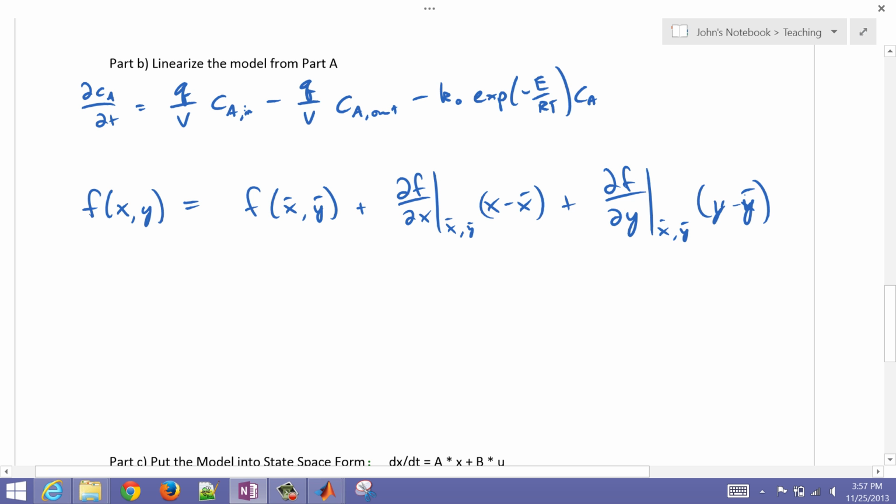So we have this for our linearization equation, and if we say that it's going to steady state, then this is going to be 0 because the time derivative of this function is 0 at steady state.